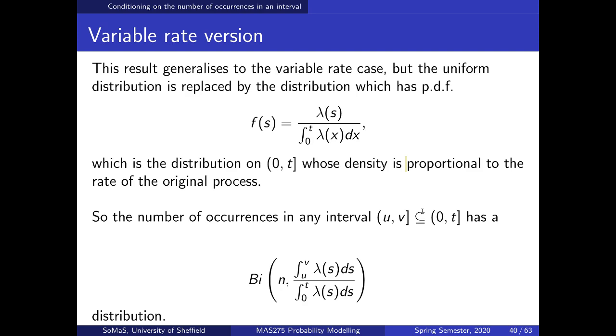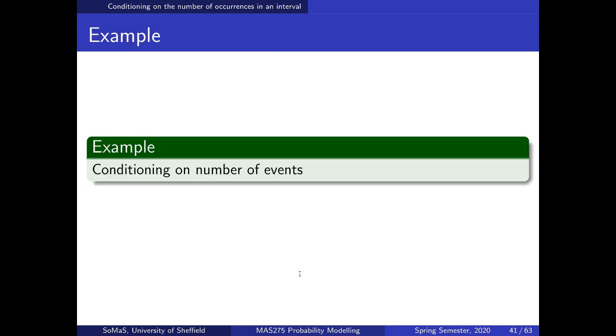And the proof will be very similar, so let's not do it. It's just that now your N_uv and your X are Poisson with slightly different parameters, mostly given by this thing. All right, but we will do one example for this theorem, for the variable case.